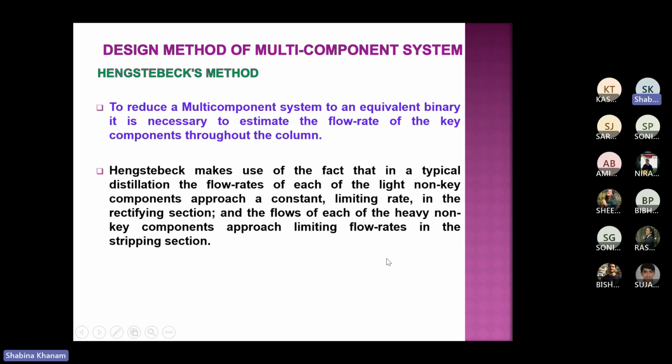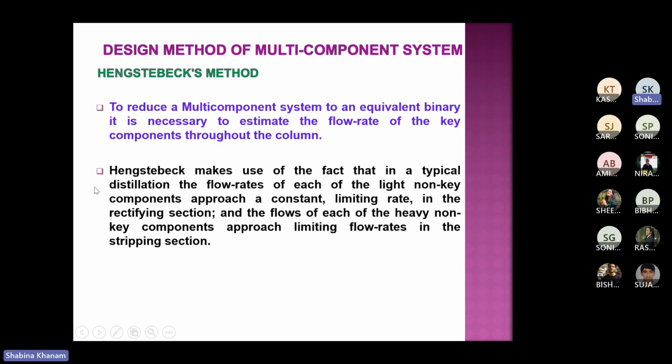That is another assumption you take, that all non-keys, either in the light section or heavy section, all the components in these regions will give a constant flow, which we call the limiting rate.